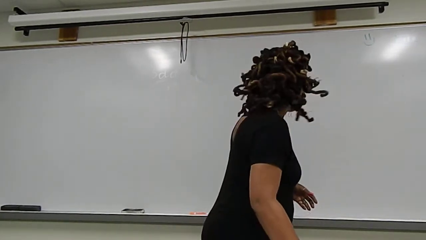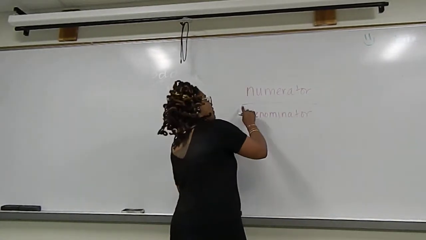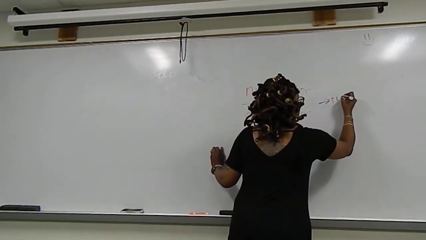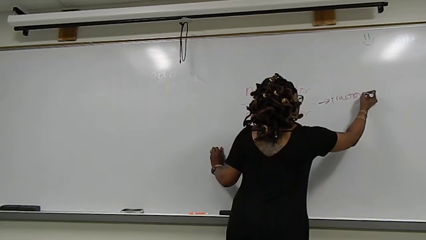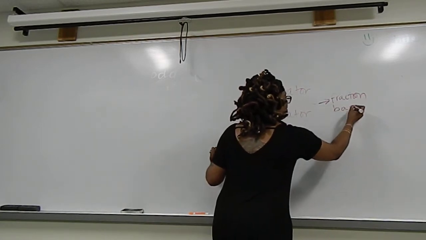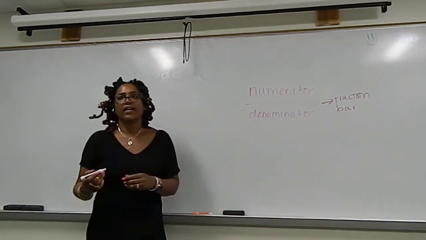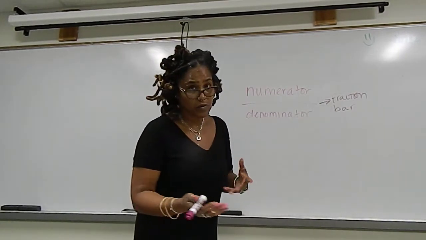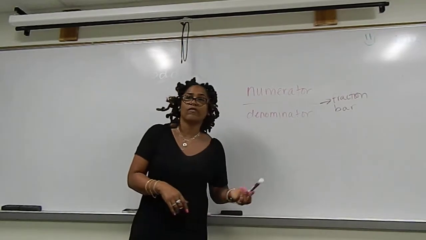And then this bar in between, this line, is called a fraction bar. Fraction bars are actually part of grouping symbols when you are trying to follow your order of operations.